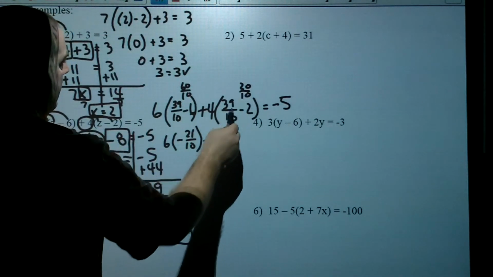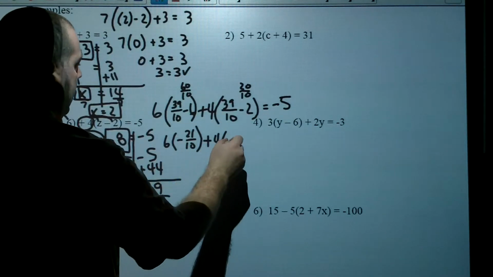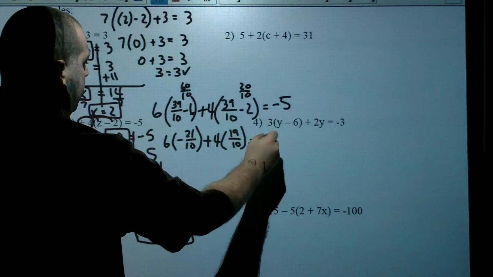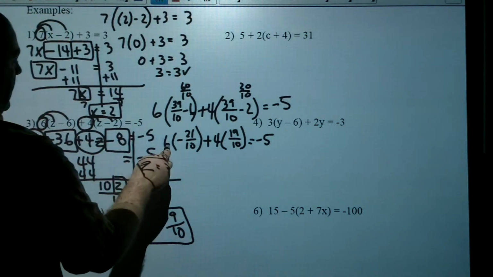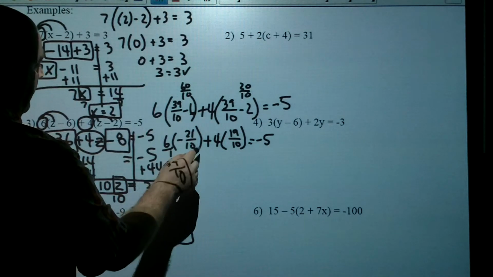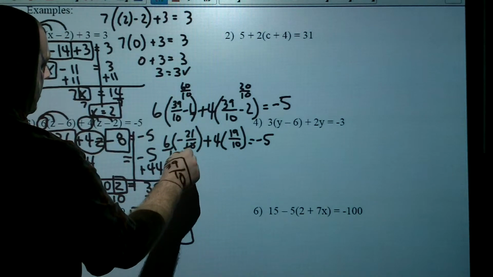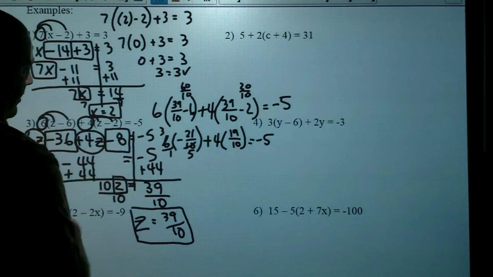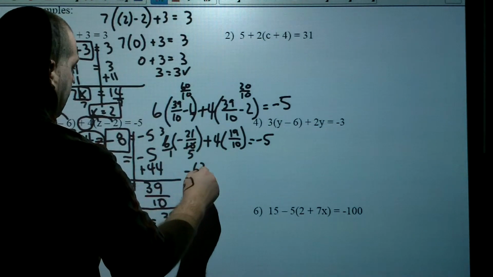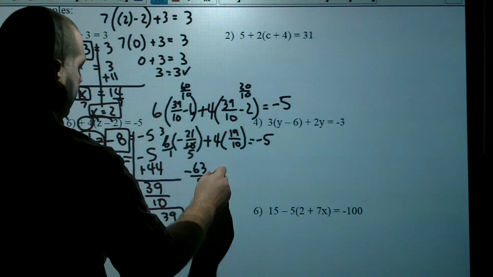Common denominators again. 39 minus 20 is 19 over 10 equals negative 5. I put the 6 over 1. I can reduce a little bit here. So like the 10 and the 6 have a common factor of 2, so I take that out. So this is negative 63 over 5.